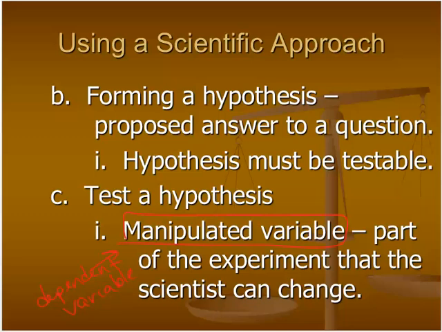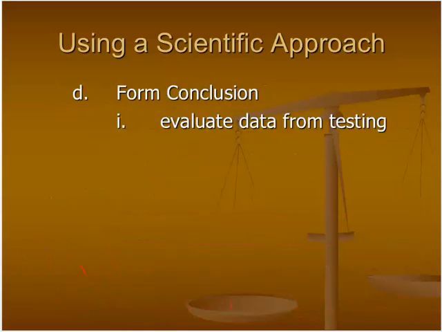With that, then, we have what's called an independent variable. An independent variable a lot of times is time, for example. We don't manipulate time. Time just happens. The dependent variable a lot of times is going to be on the y-axis. The independent variable, x-axis.